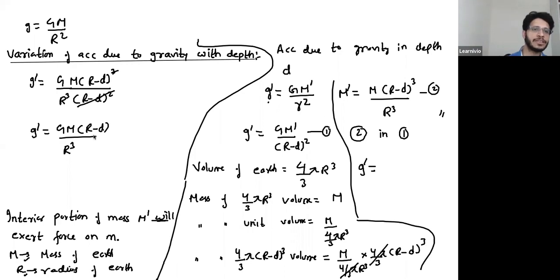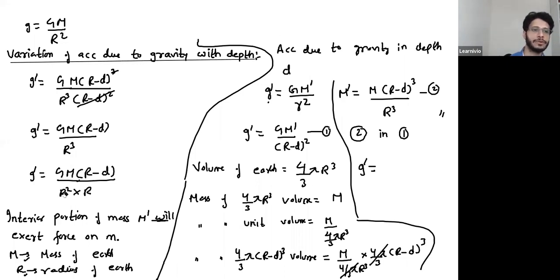Okay, the next step is you have to find small g here. See this GM by r cube. You can write this as GM (r minus d) over r cube. You have to write your r cube as r square into r.